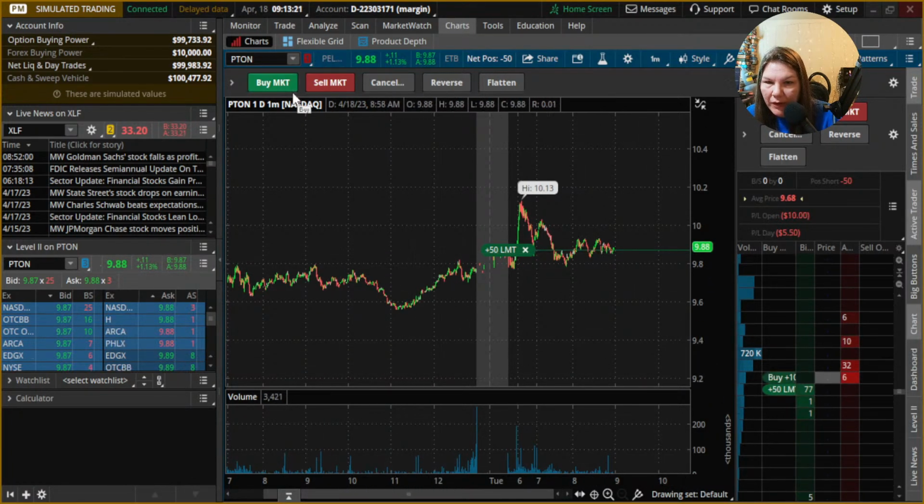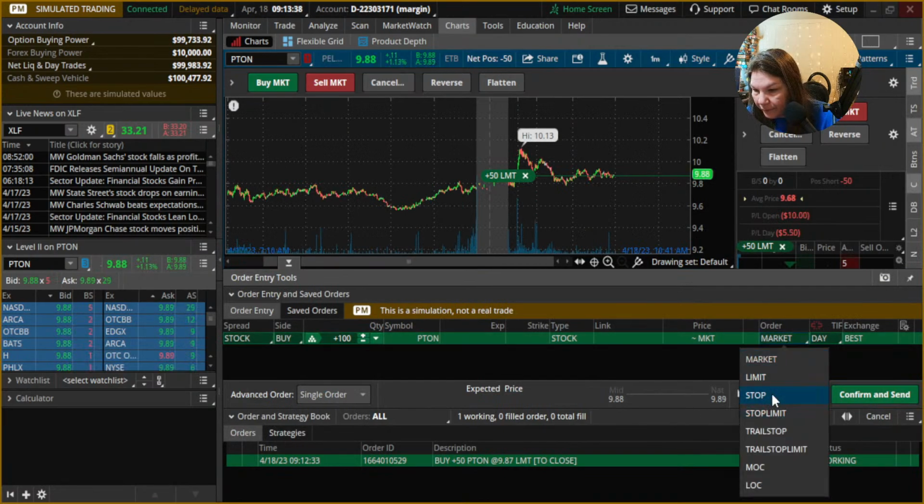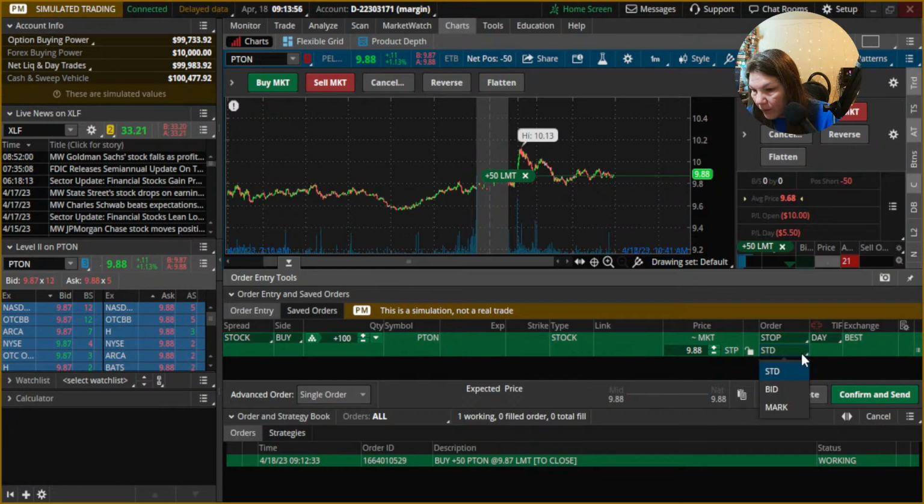Now, what the article is saying, if instead we used a stop order, instead of a limit order, which is, let's see, market, okay, that's a stop. So a stop order will buy it at 988 and that will trigger it.